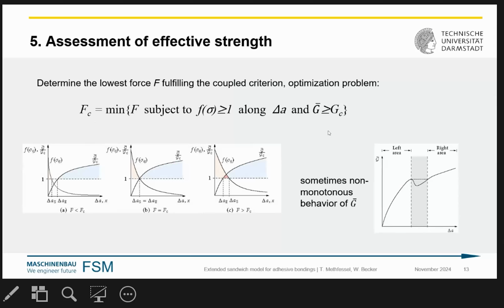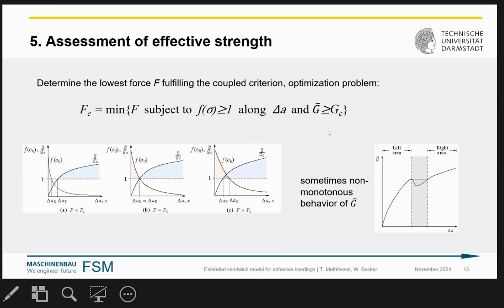And if you do it, you will determine the force where you have this situation, namely, there is one crack length where the stress criterion is still fulfilled and the energetic criterion is already fulfilled. They are fulfilled for the same crack length, then this crack will be generated at the corresponding force. And that's what we want to know.